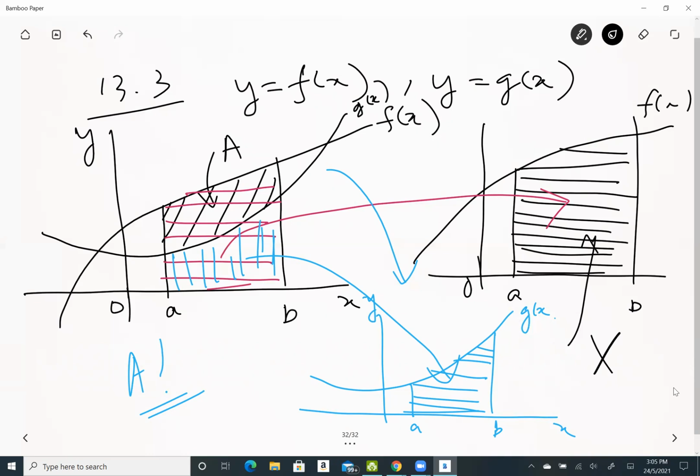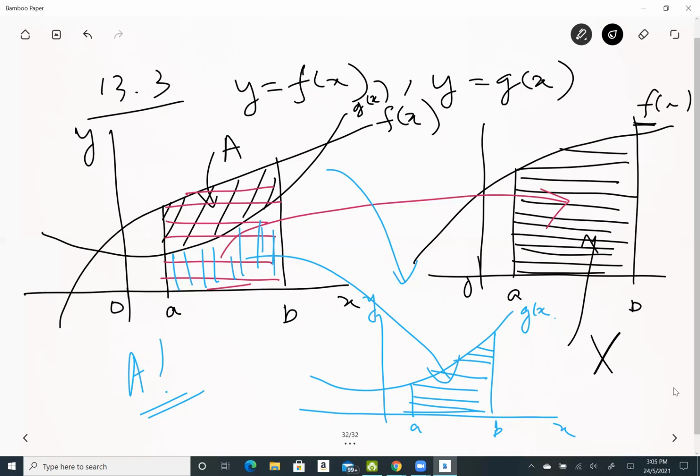Minus. You minus, okay? Minus what? What minus what? Area under f minus area under what?